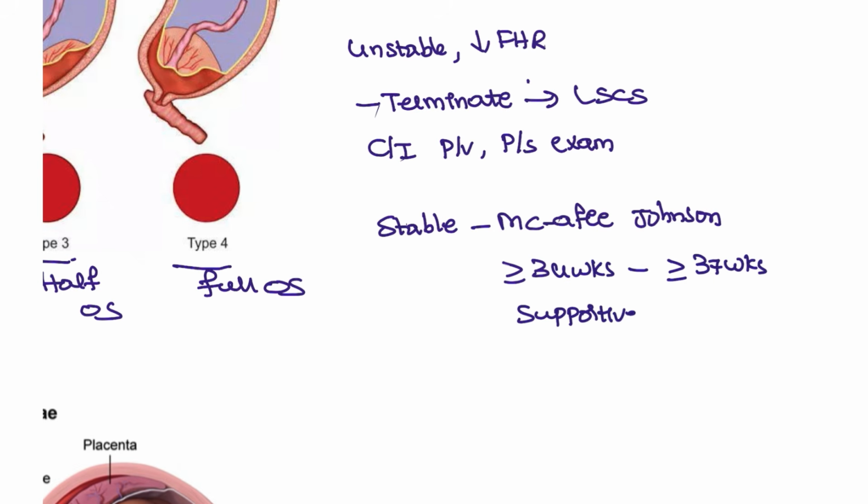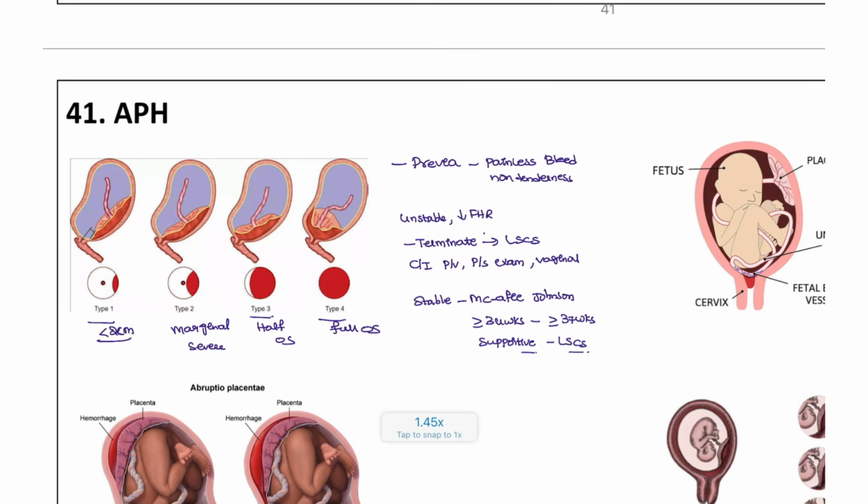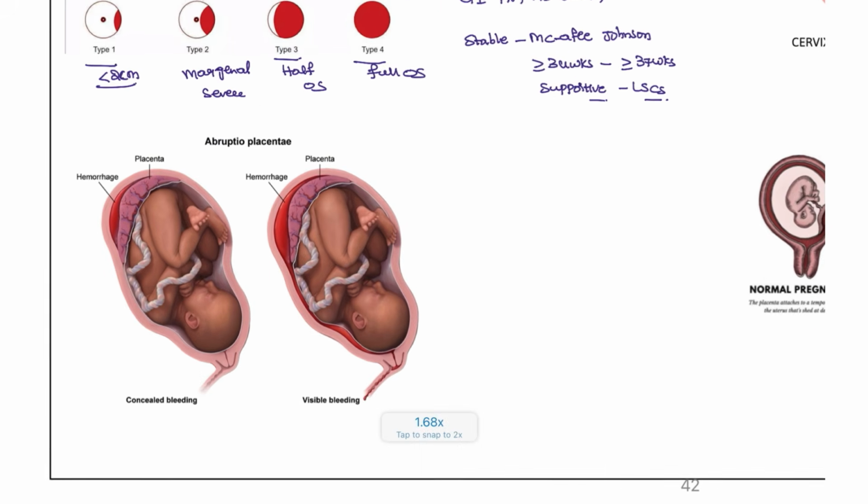You monitor the pregnancy and maintain fetal outcome and lung maturity with the help of steroids. Here also the choice is lower segment cesarean section only, because vaginal delivery is contraindicated, as potential bleeding can be seen in this patient.